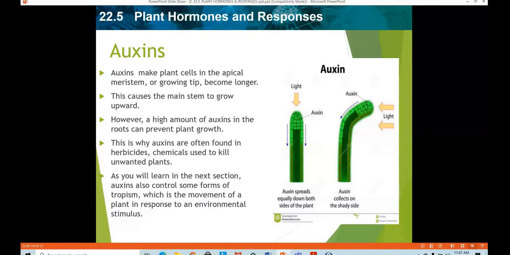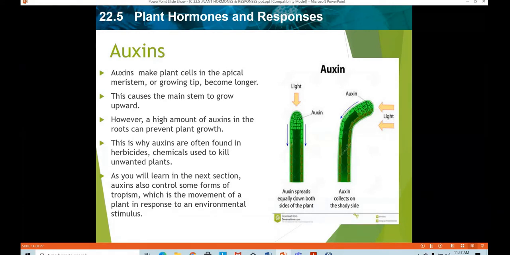So what is tropism? Tropism is described as a movement of a plant in response to an environmental stimulus. What do you understand by the term tropism? It is the response to the environmental stimulus. There is something known as phototropism. The way plants respond to sunlight comes under phototropism.